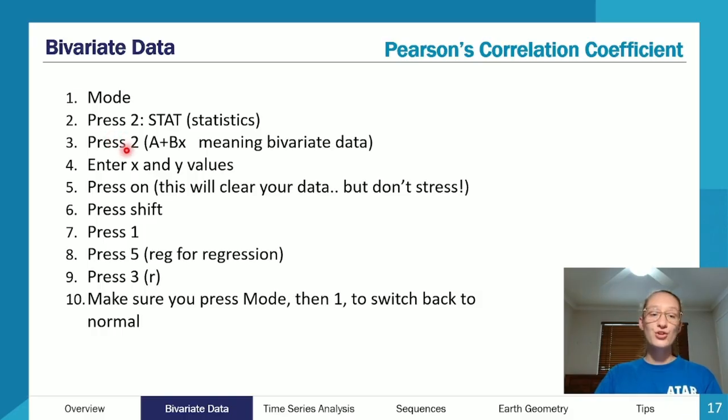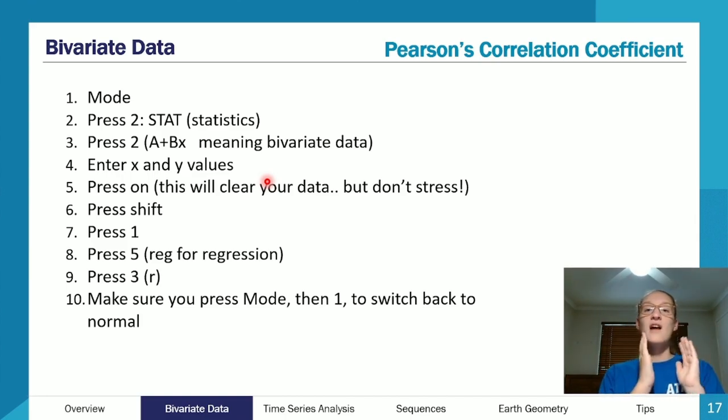And then you'll press 2, which will say A plus BX, which is referring to bivariate data. You can see we've got our 2 variables there. Then it'll bring up a little table on your calculator screen, and you enter your data values. So if, for example, your X value is 5, you'd put 5, enter, and that would add it to your table.